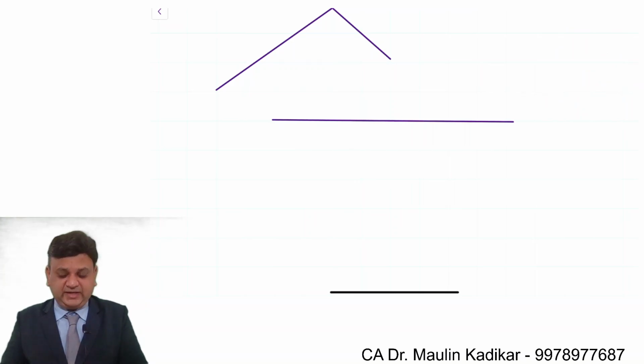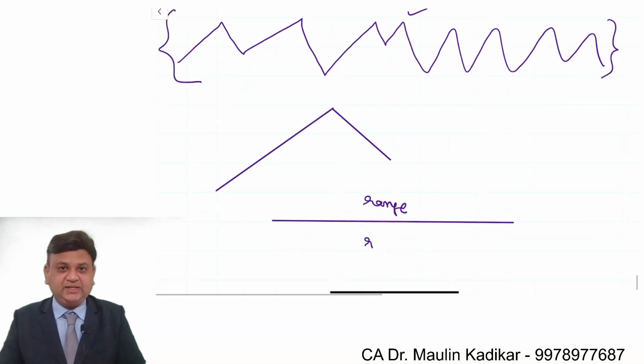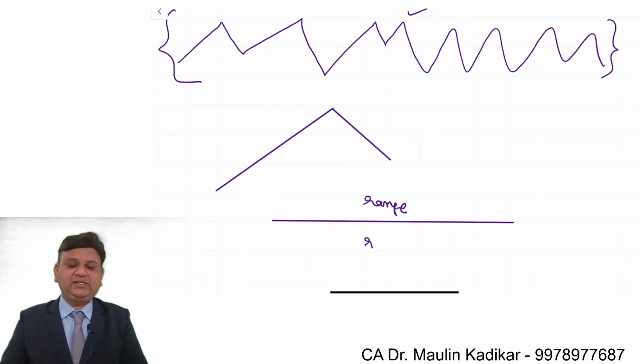If R is falling within that range, then the market is not in weak form of market efficiency, otherwise it is in weak form of market efficiency. That is what we understand.